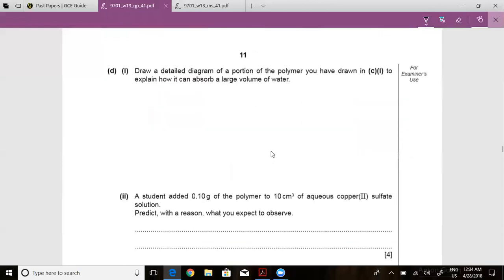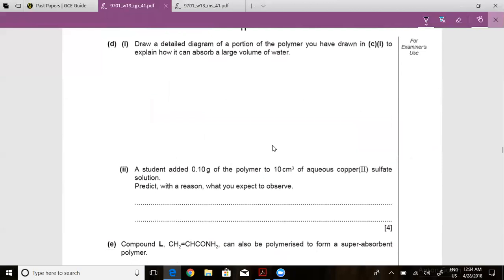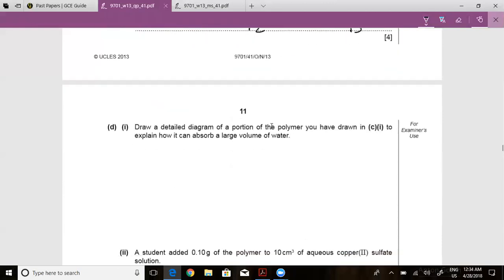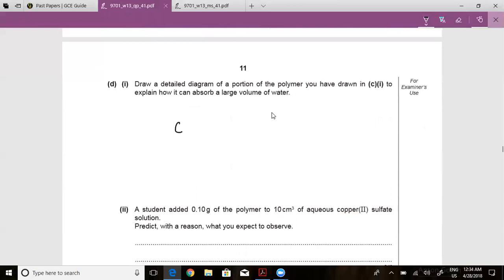Draw a detailed diagram of a portion of the polymer you have drawn to explain how it can absorb a large amount of water. By the way, here we have added Na, so what happens is that you absorb water through hydrogen bonds. Okay, this question comes a lot, how a diaper absorbs water. You have C, so you have an O, with two lone pairs on the O, okay, and then you have another O, with two lone pairs on it too.